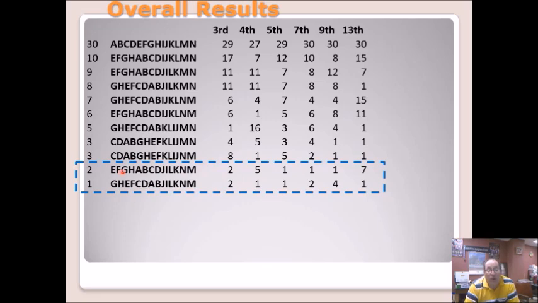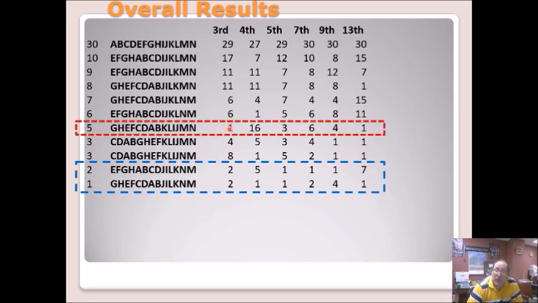The 2nd best overall is this EFGH ABCD JLKNM, and he does pretty well for most of them. He runs into trouble a little bit at 4th and 13th. The bracket that does the best for position 3 is this GHEFCDAB KLIJMN. But notice overall, he really struggles, especially when you get outside of the 3rd best team.